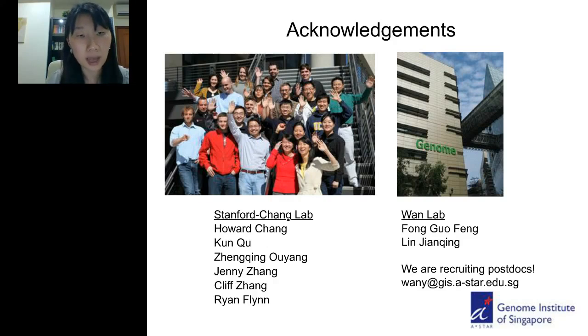Okay, so another question is, how do you plan on validating the impact of these mutations? So yes, this is the biggest question, because for some of these structure-changing mutations, we really want to know what they are doing. One way that we can begin to look at it is to intersect with RNA sequencing data to see if any of these structure-changing mutations are likely to result in gene expression changes.